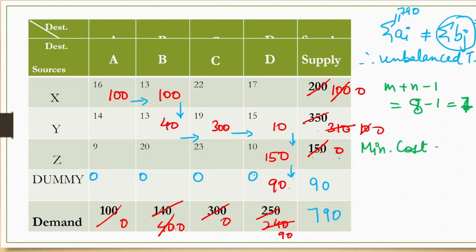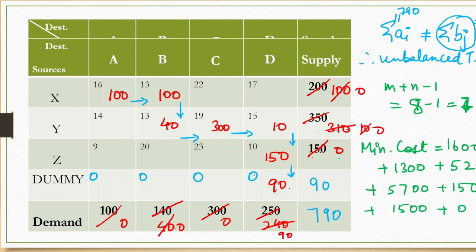In this one the minimum cost that I will have would be equal to 16 into 100, 1600 plus 1300 plus 520 plus 5700 plus 150 plus 1500 plus 0, because this is the dummy one, so it has a zero cost here.